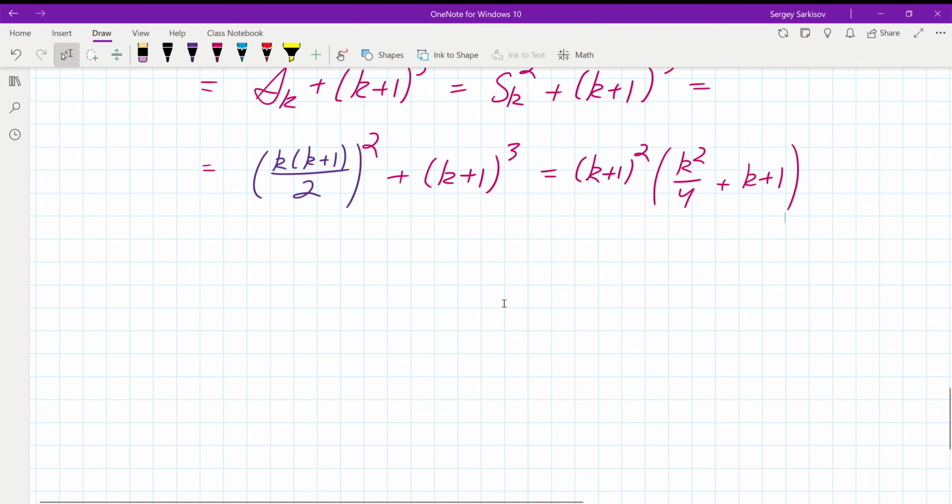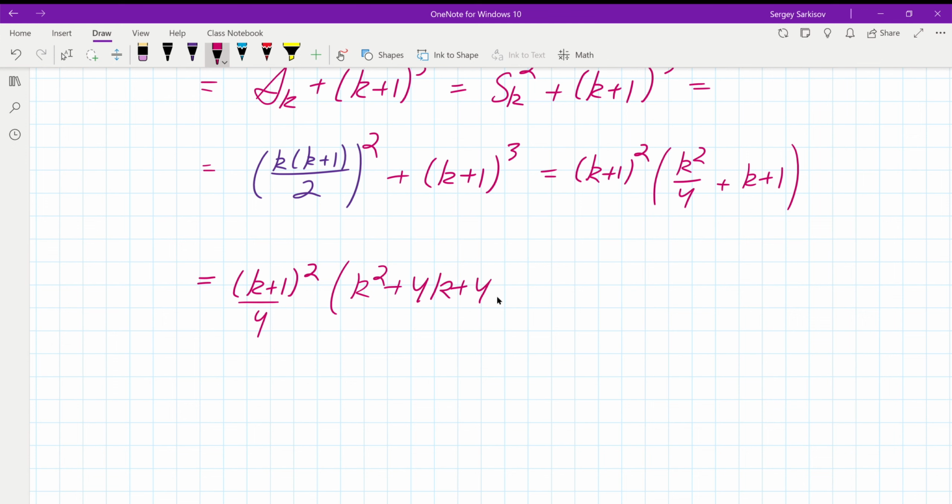Now this is equal to (k plus 1) squared times, all over 4, let's put it over 4, and then this is going to be k squared plus 4k plus 4. And we know what that is. That's the square of (k plus 2), if you remember how to factor this. So it's (k plus 1) squared times (k plus 2) squared, all over 4.